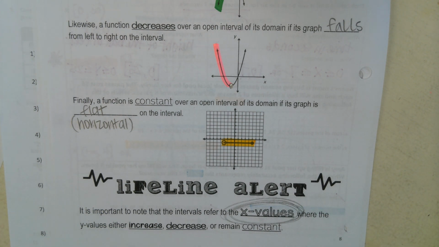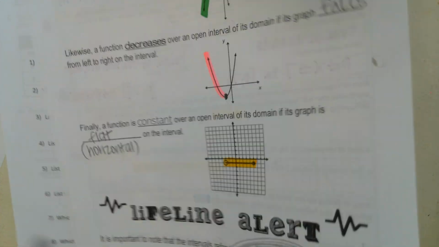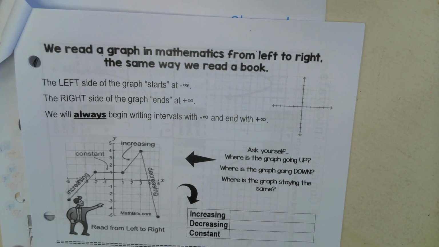Is it going up or down? But we are going to write the interval from left to right. So from here to this point on the x-axis, it's rising or it's falling. So we are going to write them according to our x values. Flip it over, please.